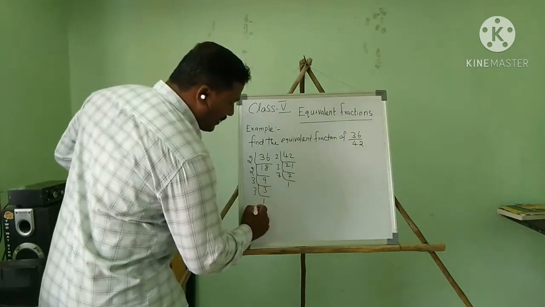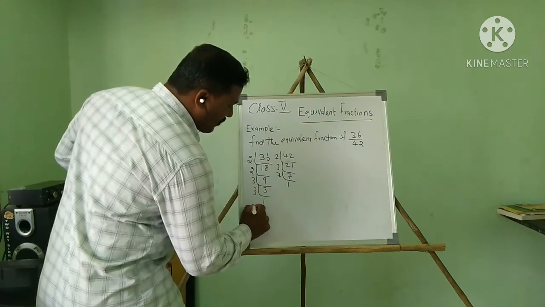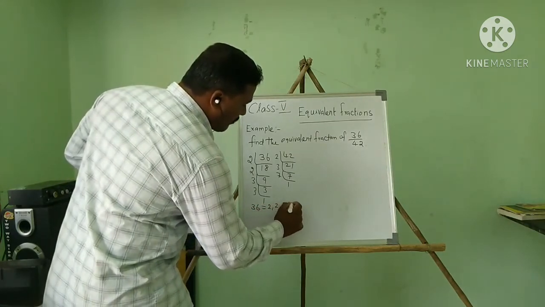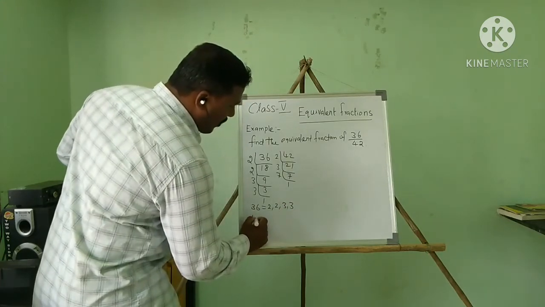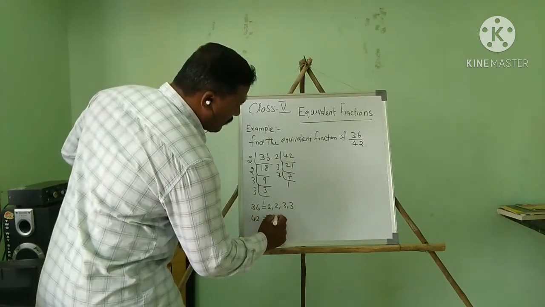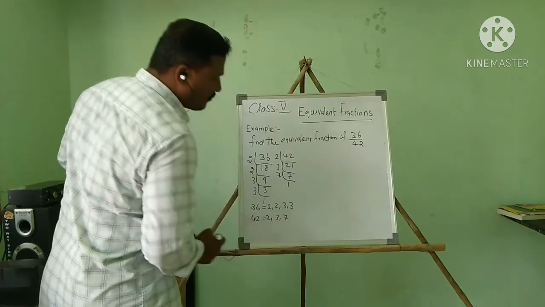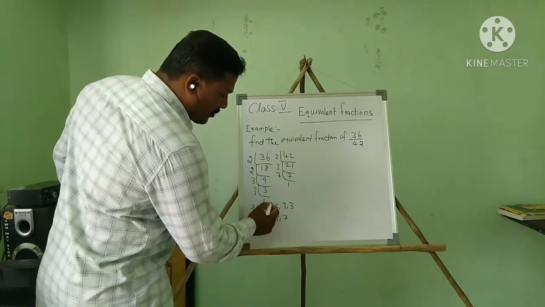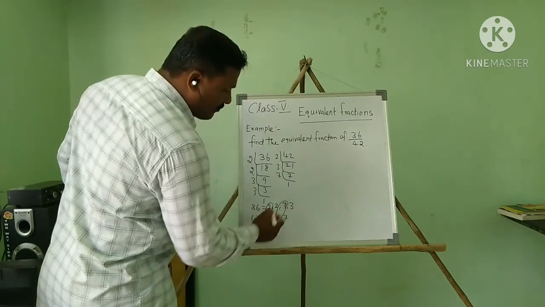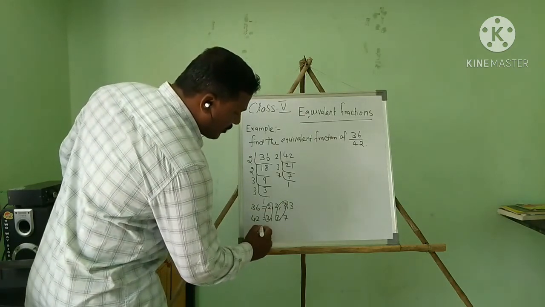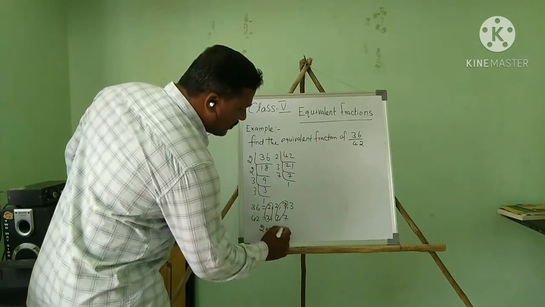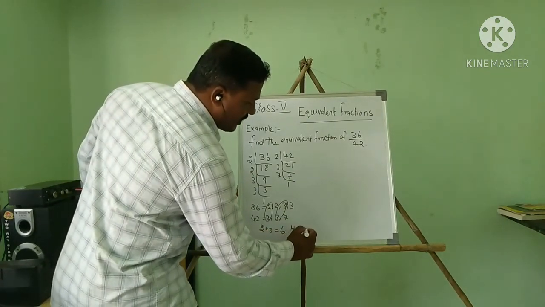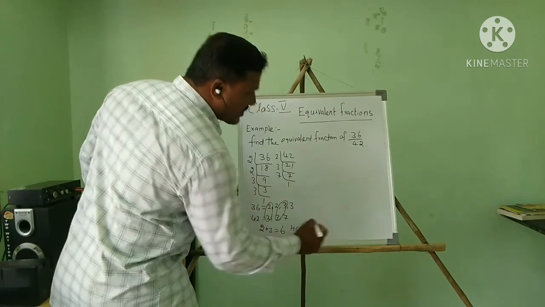Now we have to collect the factors. 36 is equal to 2, 2, 3, 3. Then 42 is equal to 2, 3, 7. Now we have to find the common factors. Here 2 and 3. So the common factor 2 into 3 is equal to 6, which is the HCF. So HCF is 6.